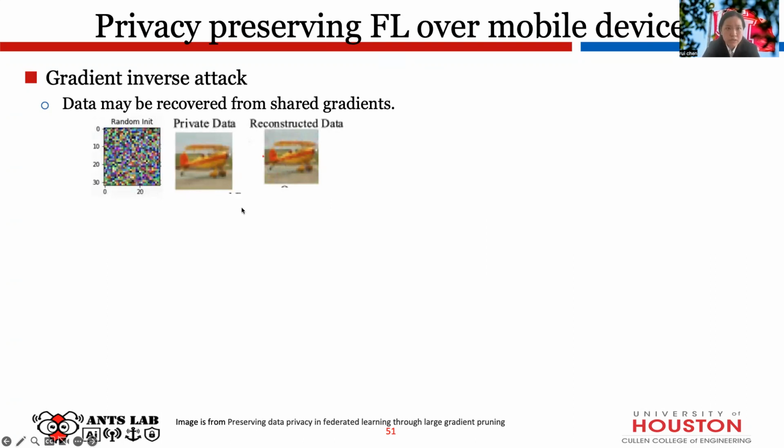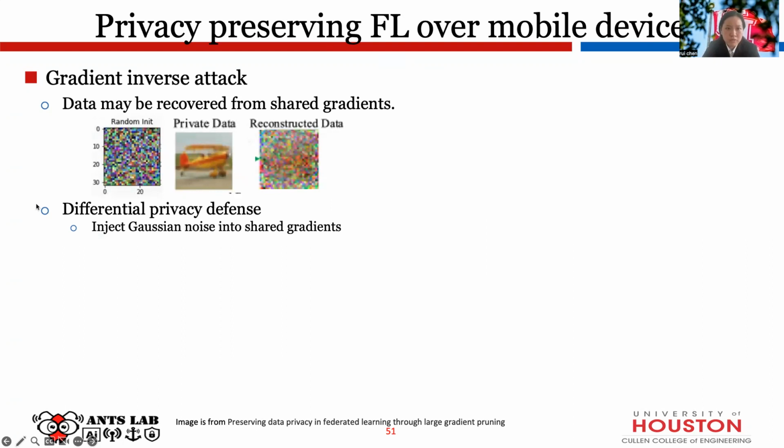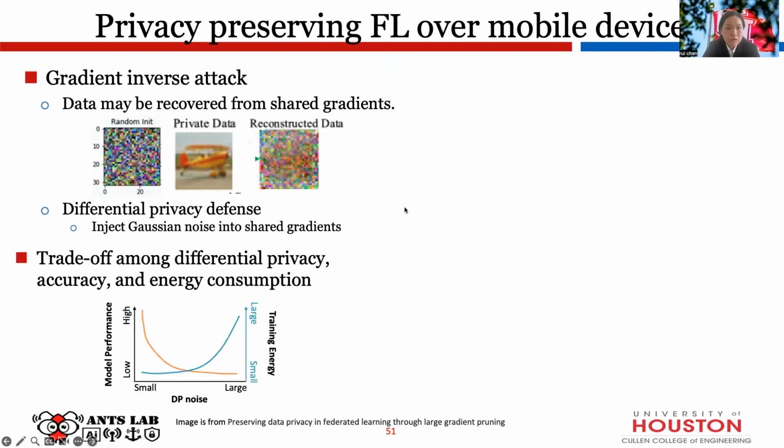So to prevent the inversion attack, we can consider a differential privacy defense method, which will inject Gaussian noise into the shared gradient and prevent the reconstructed data from providing any useful sensitive information. However, when we introduce differential privacy, we have a trade-off among the privacy guarantee, the model accuracy, and the energy consumption, as shown in this concept figure.